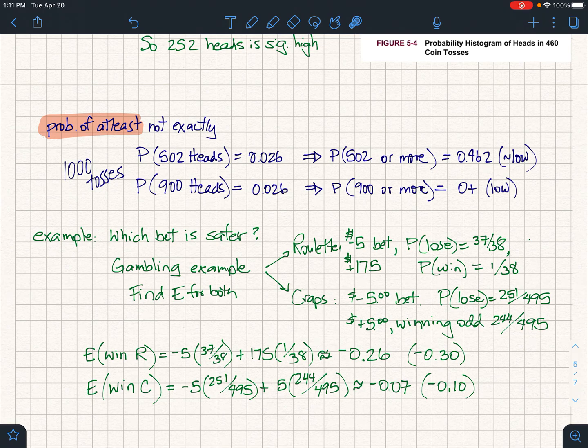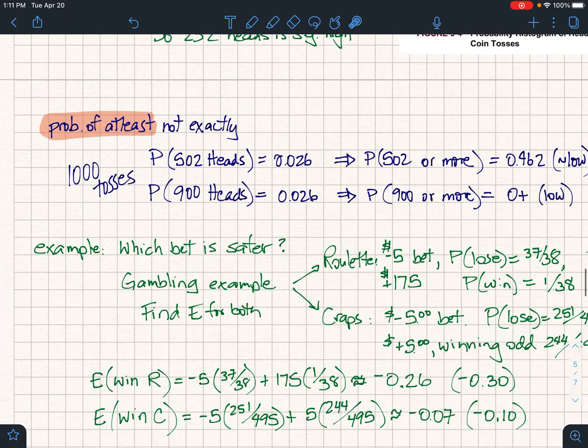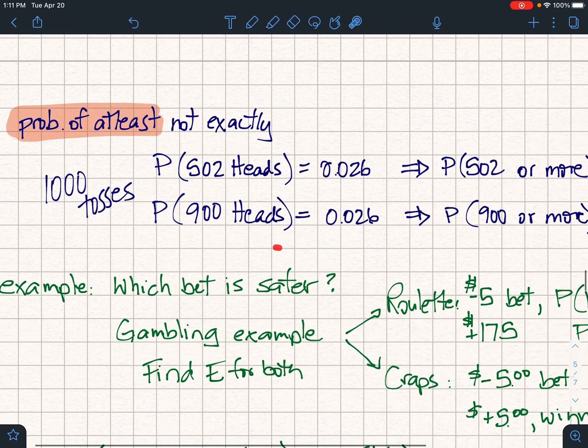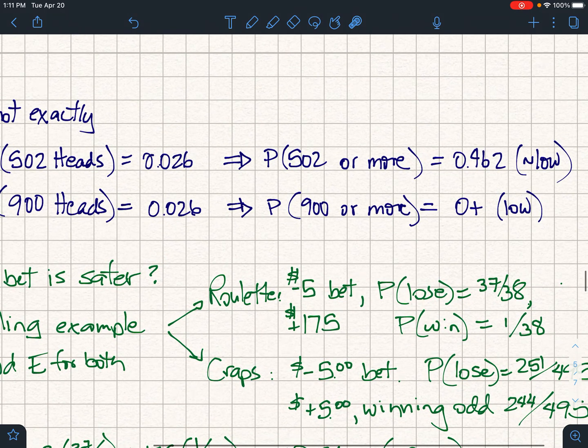All right. Probability of at least, not exactly. And when we say the probability of like 502 heads, that probability and the 900 heads out of 1,000 tosses, the probabilities of those are identical. All right? So we're usually focusing on 502 or more, 900 or more, right?